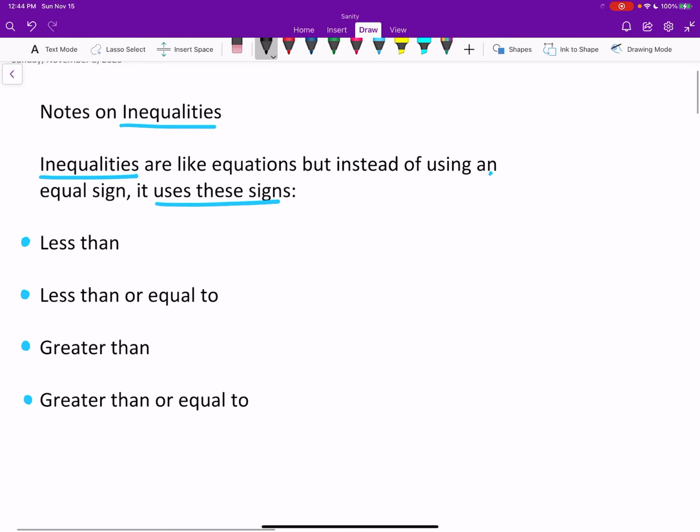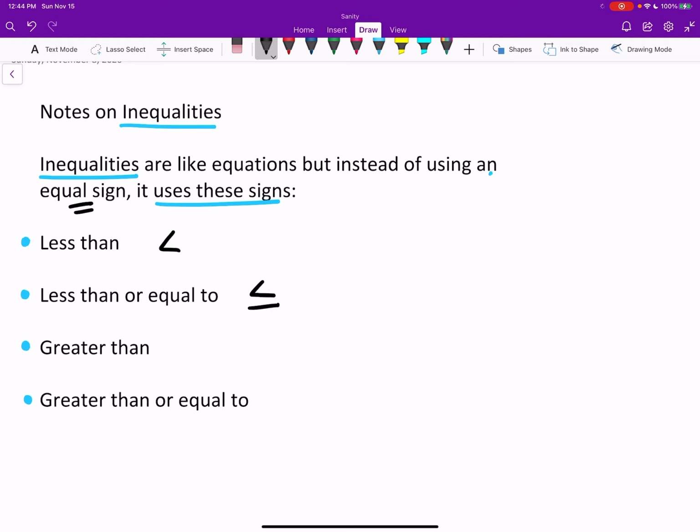Inequalities are pretty much very similar to equations, but instead of using an equal sign, they're going to use these signs. And again, anything that I've underlined in blue today would be a great idea to get down in your notes. So inequalities use these signs: less than, less than or equal to.